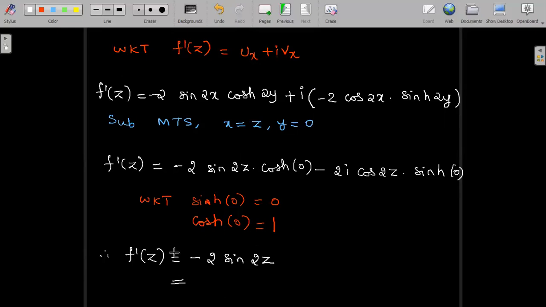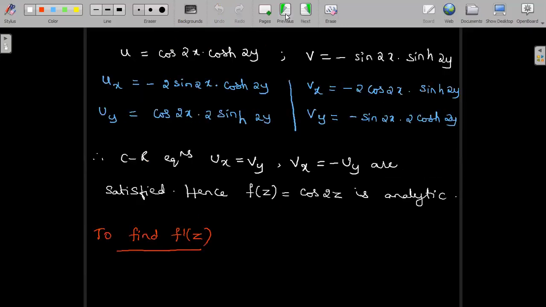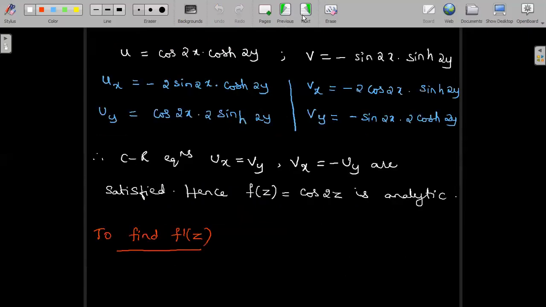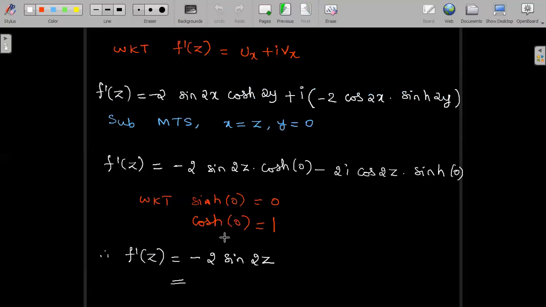Let us verify whether the derivative is correct. Is the answer correct? We will just verify from the given question. The given question was f of z is cos 2z. So differentiation of cos 2z is minus 2 into sine 2z, and the same we have obtained as the answer, minus 2 into sine 2z.